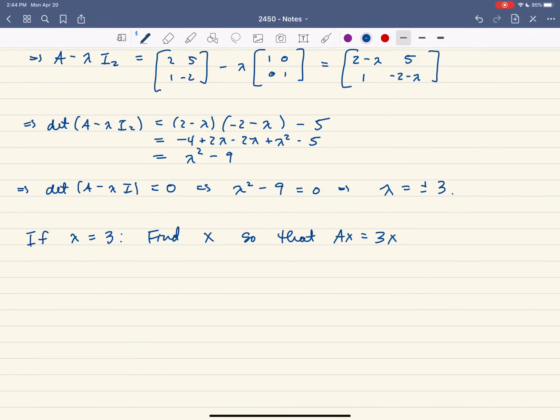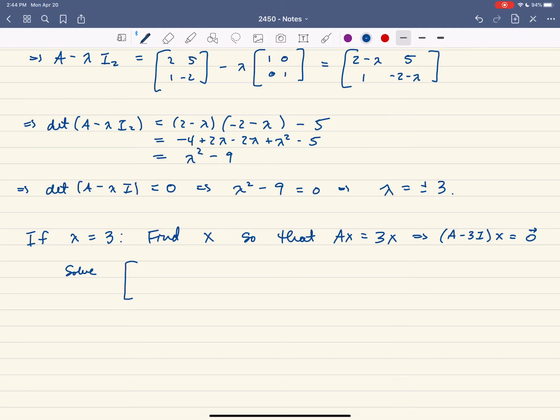And another way to think about this is you can just jump right to A minus 3I times x being 0. And I think that's helpful because A minus 3I is what we get when we take A minus lambda I and plug in lambda equals 3. And so remember what we're trying to do here is we want to solve A minus 3I times x equals 0.